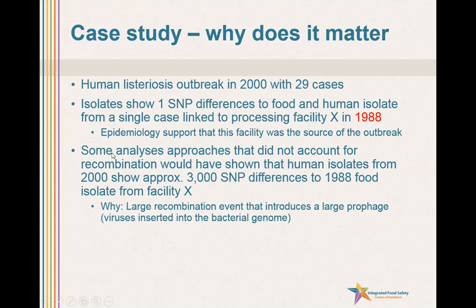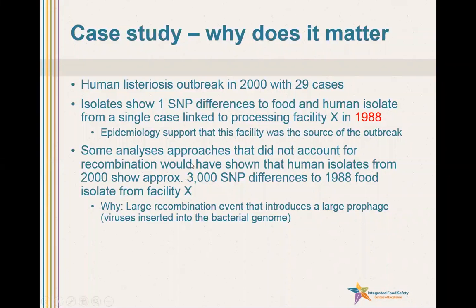Now, if we had approached this analysis differently, we could have seen 3,000 SNPs, because there was a massive recombination event. With the wrong approach to analyzing these genome sequences, we would have decided that these sequences are very, very different.